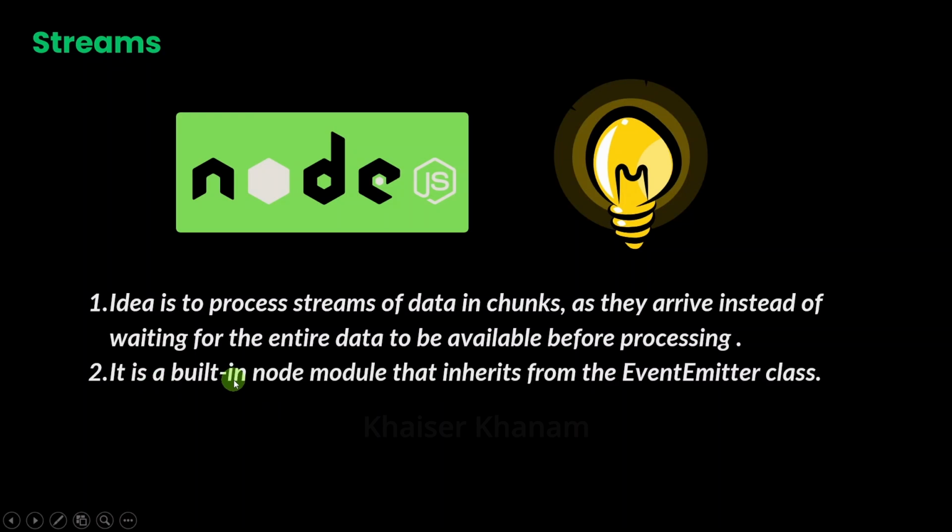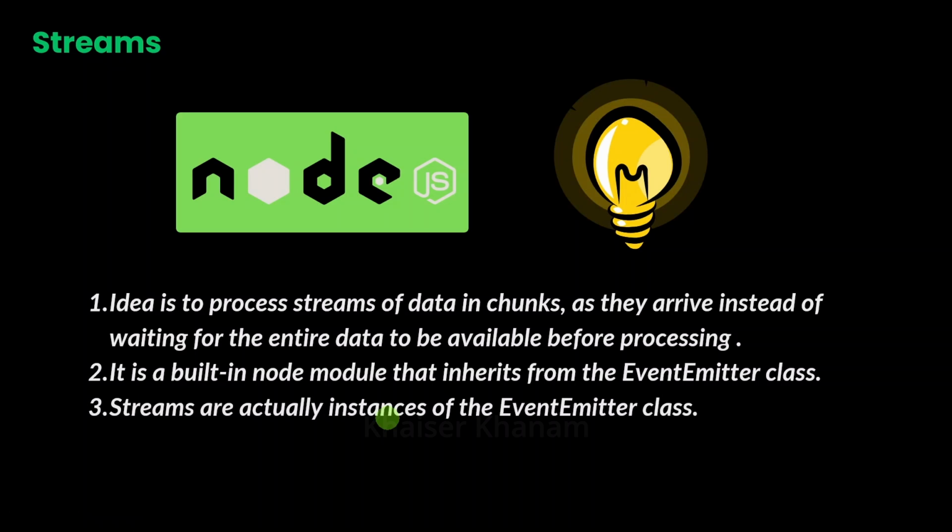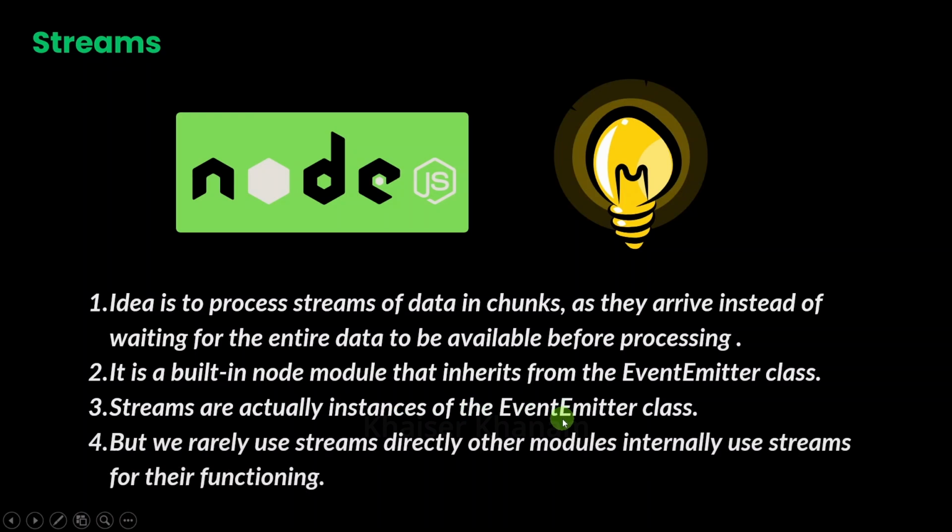And a stream is a built-in Node module which is inherited from the EventEmitter class. Okay, EventEmitter we have already seen completely. The stream is also going to inherit from the EventEmitter class, and whatever different types of streams we have, they are basically instances of the EventEmitter class.